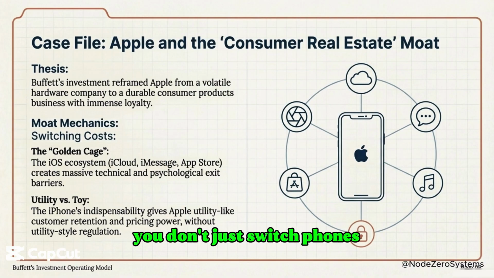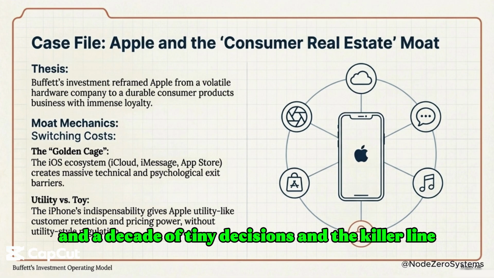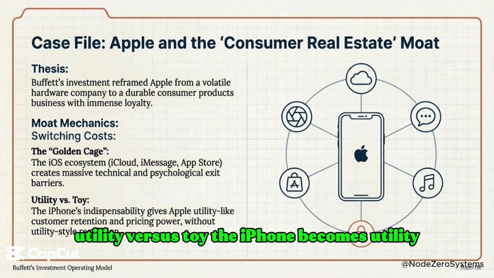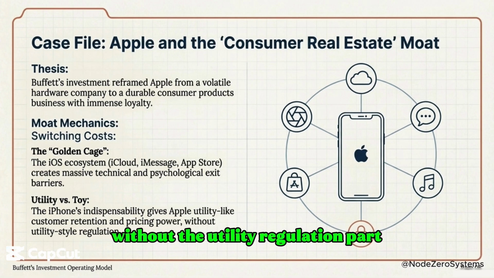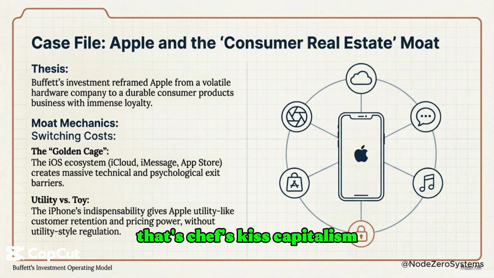You don't just switch phones, you switch identity, habits, and a decade of tiny decisions. And the killer line? Utility versus toy. The iPhone becomes utility-like, high retention and pricing power without the utility regulation part. That's chef's kiss capitalism.